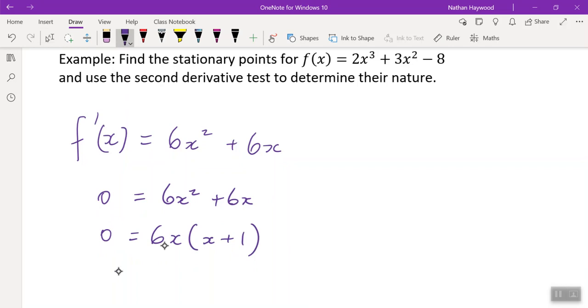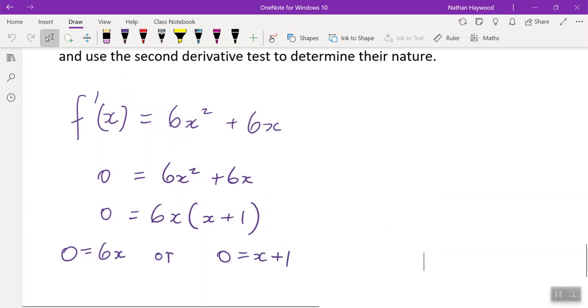So then, using the null factor law, 6x is equal to 0, or 0 equals x plus 1. So x is equal to 0, or x is equal to negative 1.